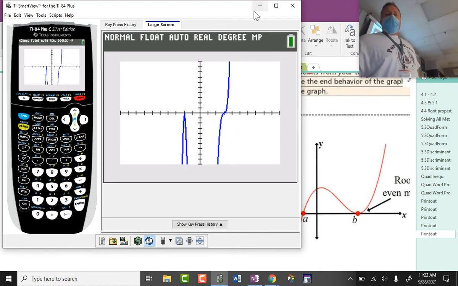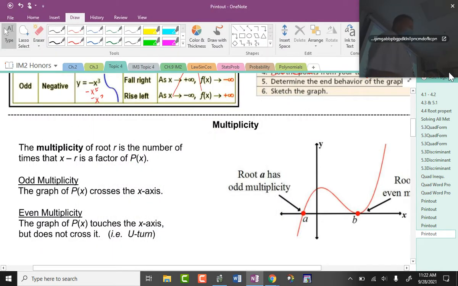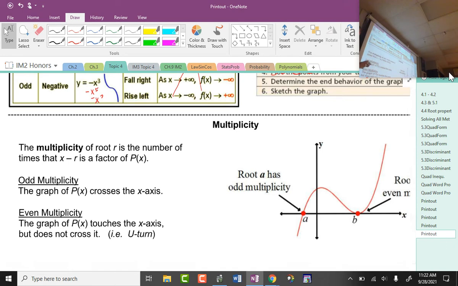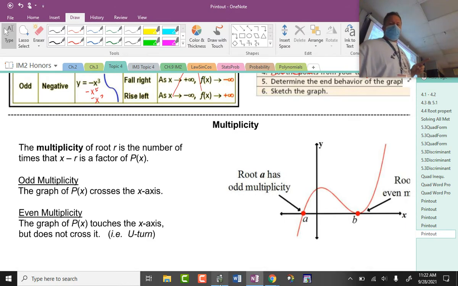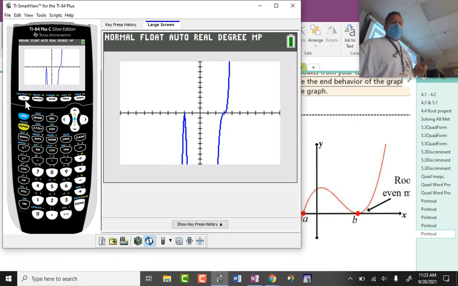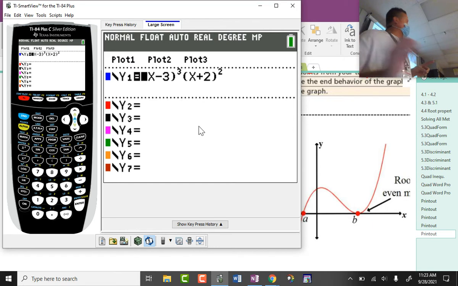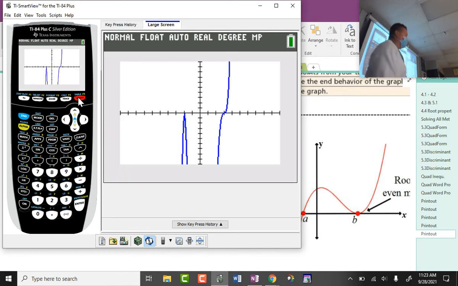All right, so in this section, that's what this says. When your 0 has odd multiplicity, I'm going to really hammer this down on page 3 or 4 whenever it comes into play. Odd multiplicity is also just raised to the 1st power. But notice to the 3rd power, the graph still went through.